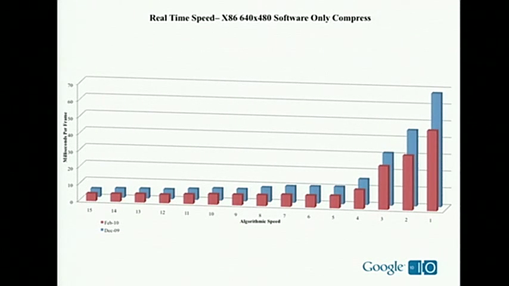I also mentioned earlier that we do well at live, or two-way, compression. Inside of our compressor, we have 16 different internal complexities that we can switch between. On a typical, I think it was a 2-core, we can run about 3 milliseconds per frame for 640 by 480 software compress.